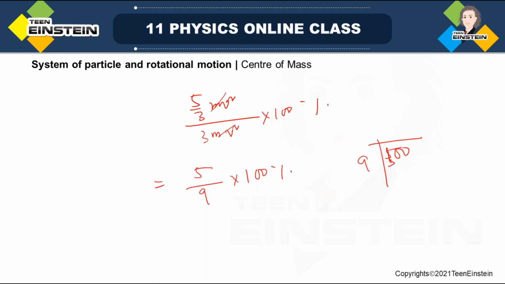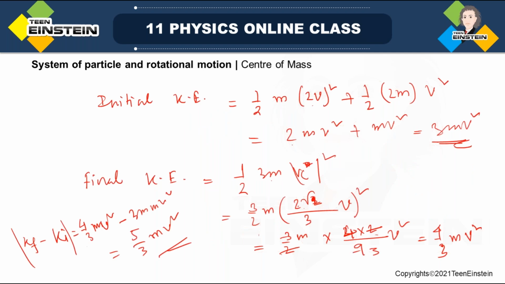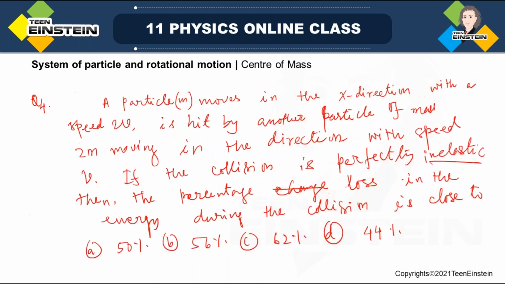Sorry, this is 500 over 9, so it goes on like this and it will be around 56%. There were options, and one among them is 56%. Not 50, not 44, not even 62. It is actually around 56%.